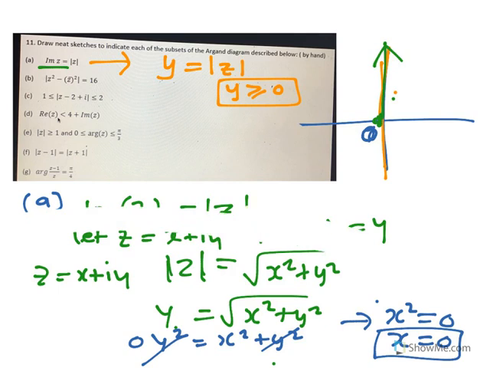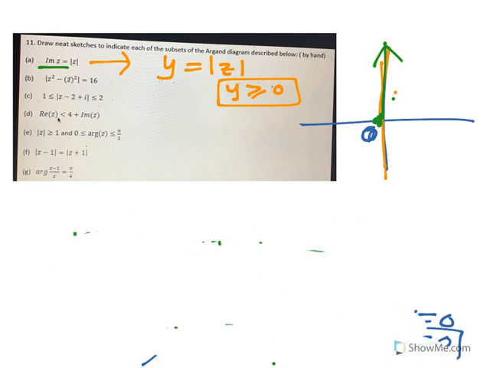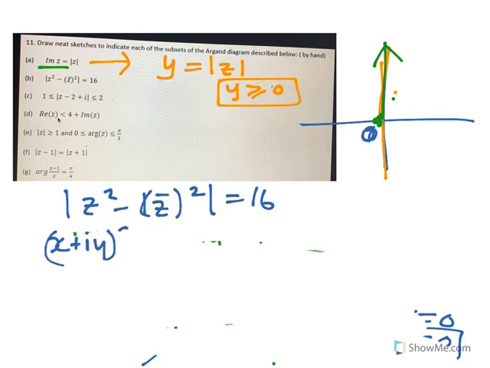Okay, if you look at the second one, there is the modulus of z squared minus mod z squared equals 16. So that is z squared, x plus iy squared minus x minus iy squared, not square rooted, don't get tricked there.